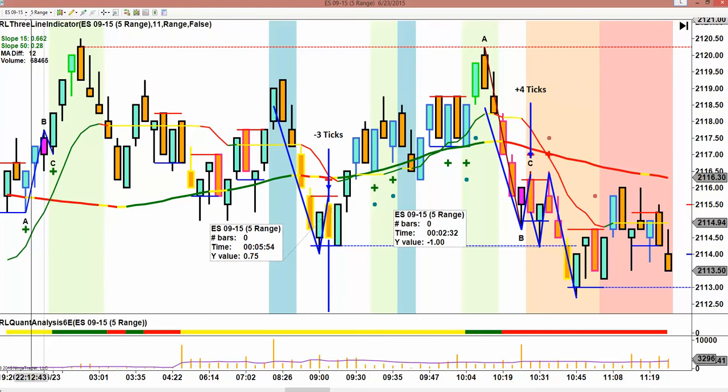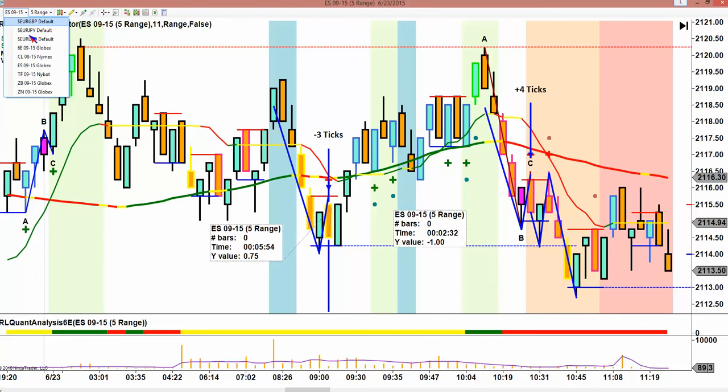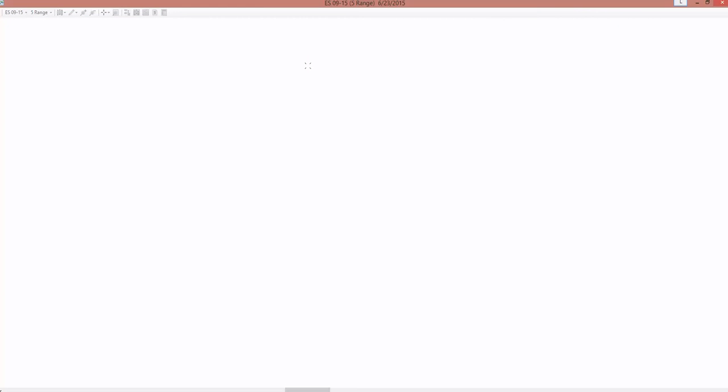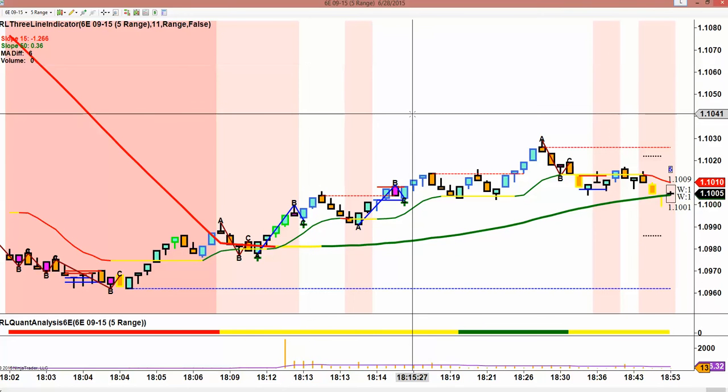Now, it'd be nice if I move this to 6E. Now, every single market comes with its own unique quant line. So you can't mix and match the markets. You've got to put the appropriate template in. Okay, here's the 6E.